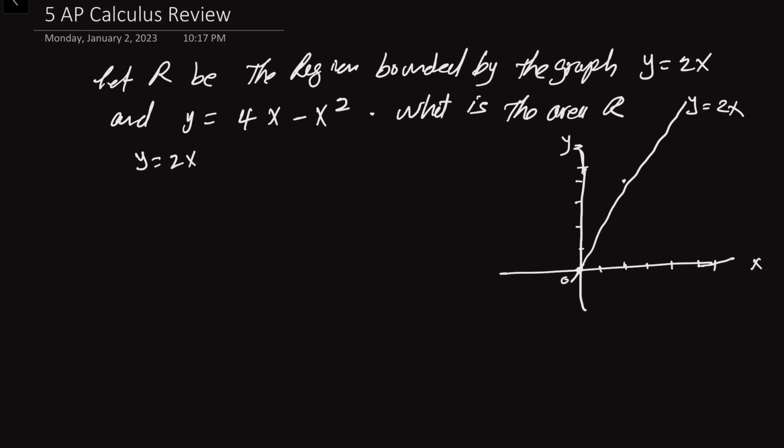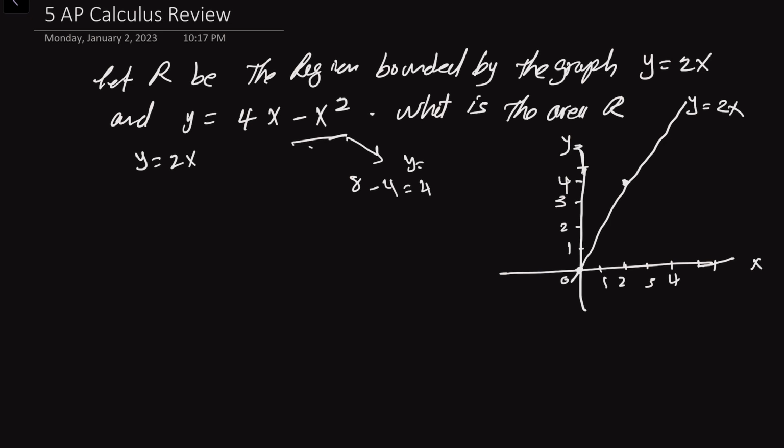Then when x is 2, go to this function here. When x is 2, y equals 2 times 4, which is 8, minus 2 squared, which is 4. So this is 8 minus 4, so it will be equal to 4.